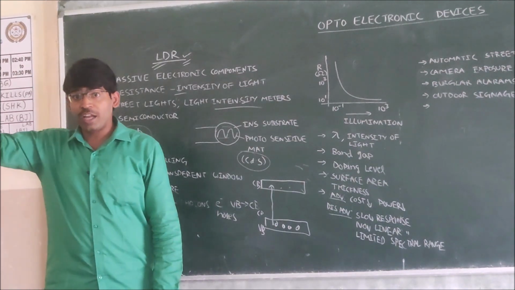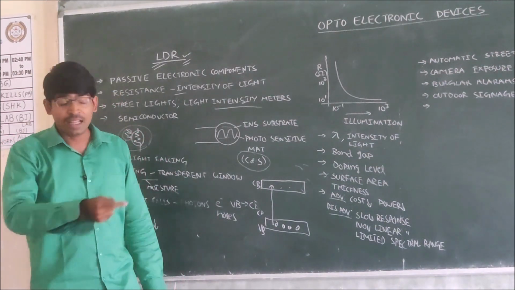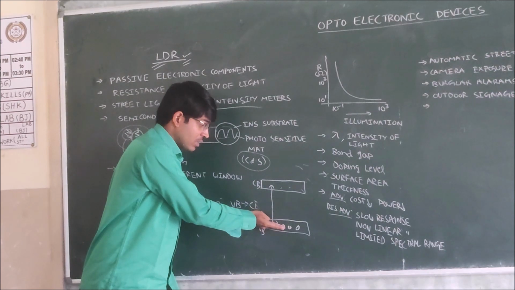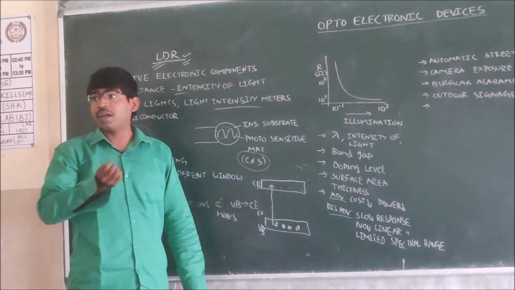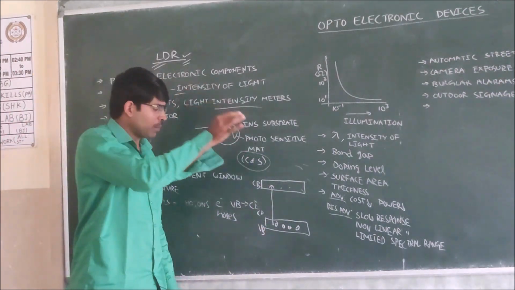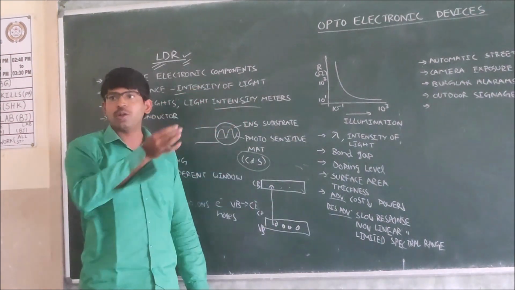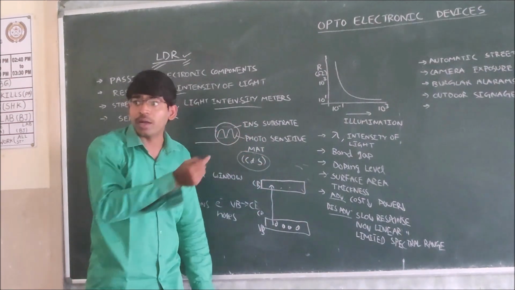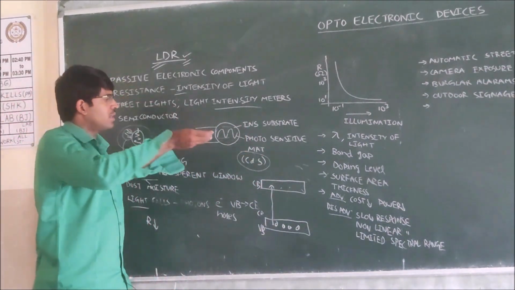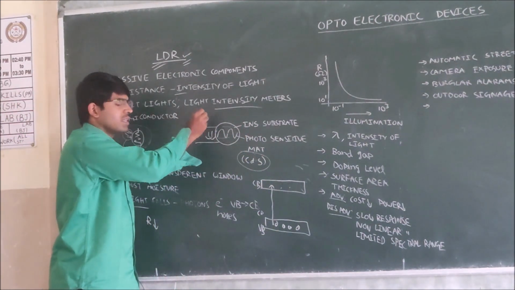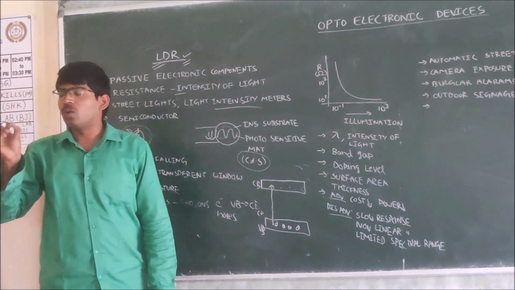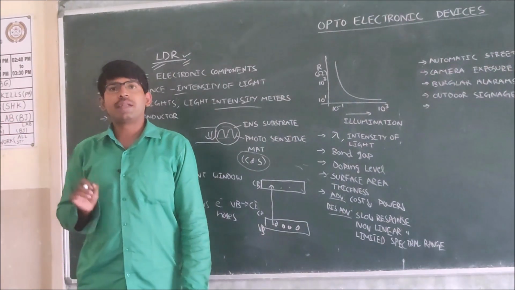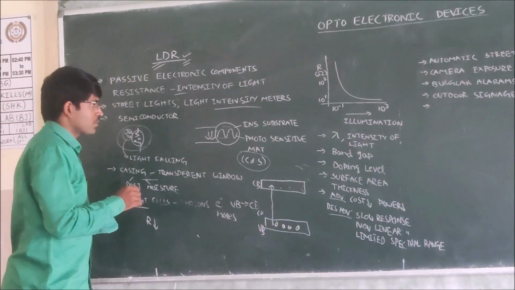When more light falls on the LDR, more electrons go from the valence band to the conduction band. Because more electrons are going from the valence band to the conduction band, we observe more holes in the valence band. Because of that, resistance is decreasing. This is how the light dependent resistor will work.